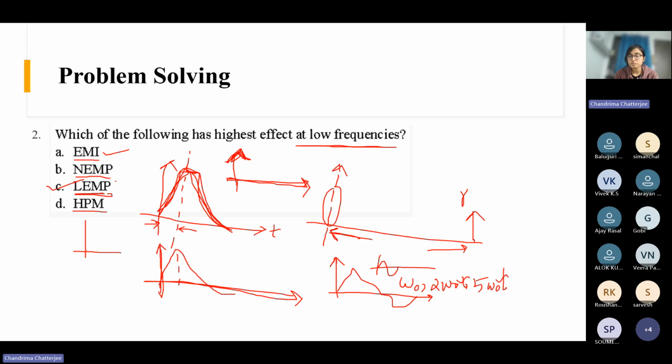Can you reiterate, ma'am? Lightning pulse has been shown to have the highest effect at low frequency, so we are able to see the time domain pulse for that. How does the time domain pulse relate to this effect severity at low frequency? Okay. Right. Thank you.